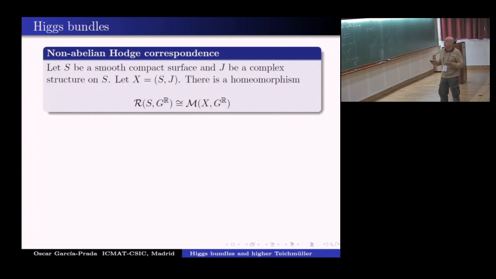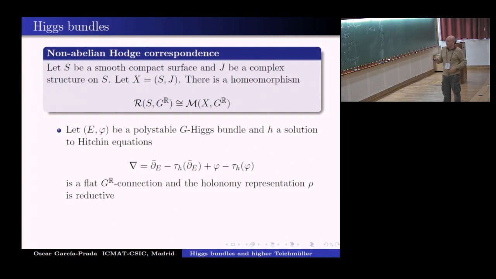So this is the crucial result: if S is a smooth compact surface and you choose any complex structure on S, so that X is a Riemann surface, then there is a homeomorphism between this variety and this one. Very often there's more than a homeomorphism, but I just care about the topological map here.